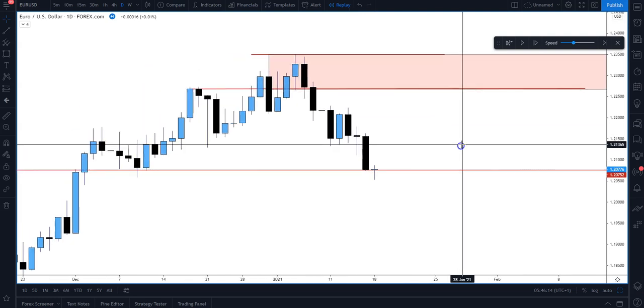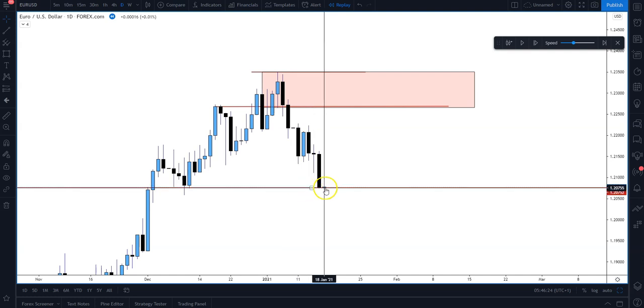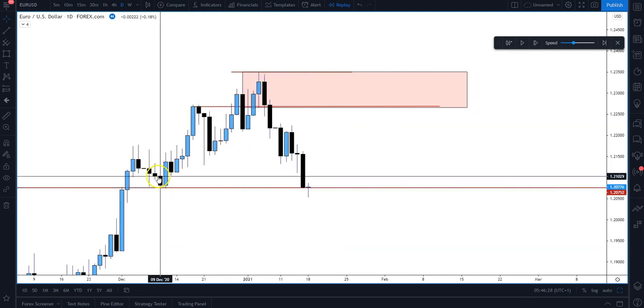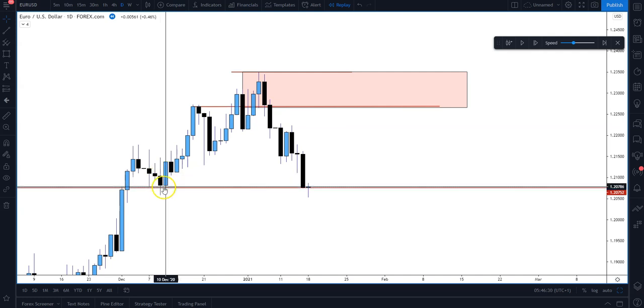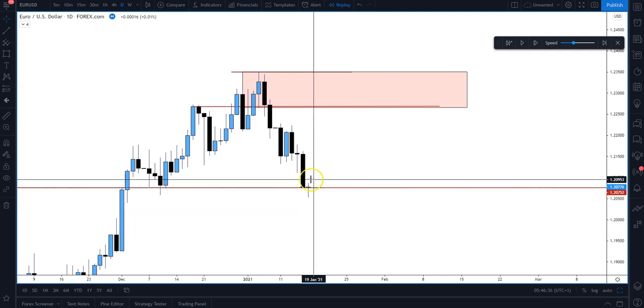Alright, so this is what's going on. Whew. My eyes are burning. A doji is printed where there's a previous order block and a support resistance zone. A doji, that's confluence confirmation 1.